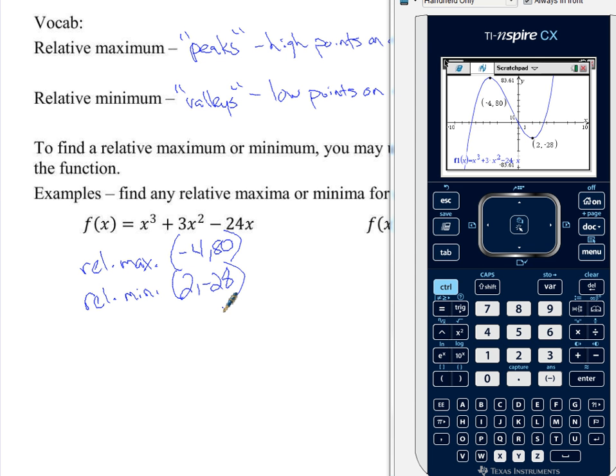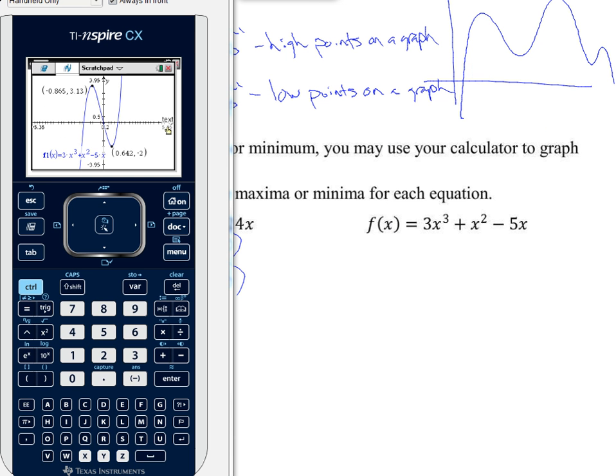So let's see if we can do the other one. So there's my graph, and I've already found the maximum and minimum values. So I'll write those down. I write max, or rel max, because it's not absolute maximum. And the ordered pair is negative 0.865. Notice there's no way we'd probably be able to find that by hand.